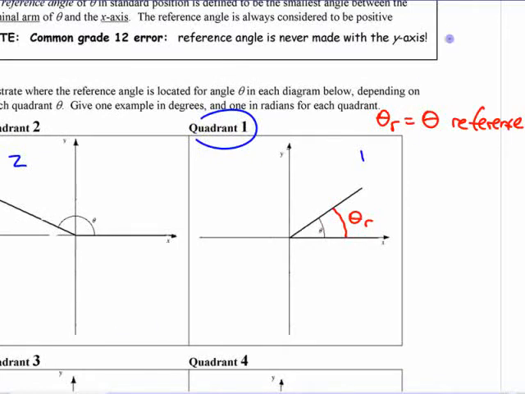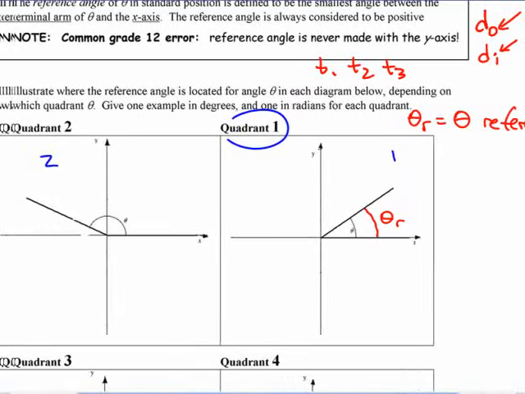Hopefully, some of you have used subscripts in physics, right? If you're talking about some distance, maybe you call it distance with an i, initial distance, or whatever letter you happen to be using, those things mean something. In sequences and series, term 1, term 2, term 3, it's just extra information about that variable. Theta r just means the reference angle for theta.